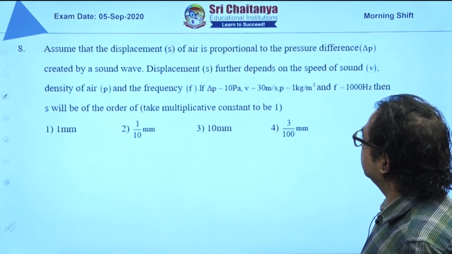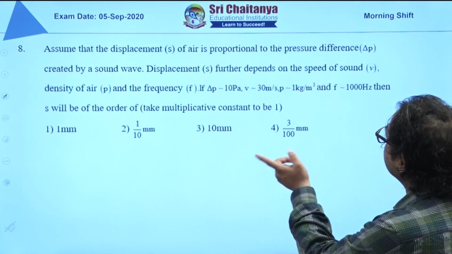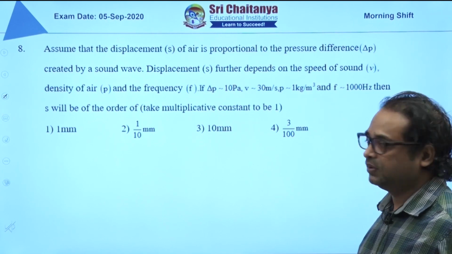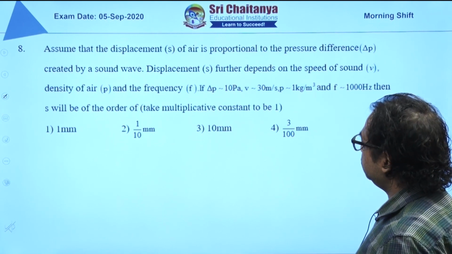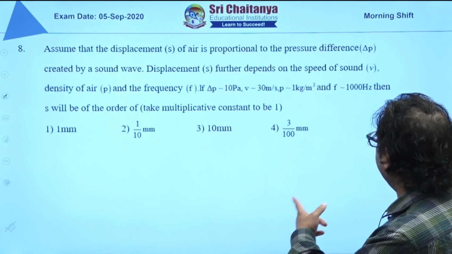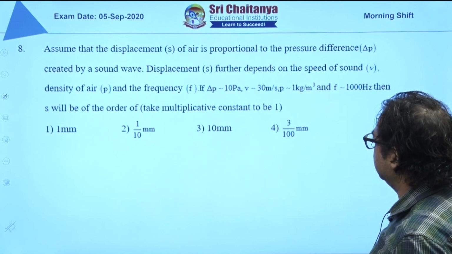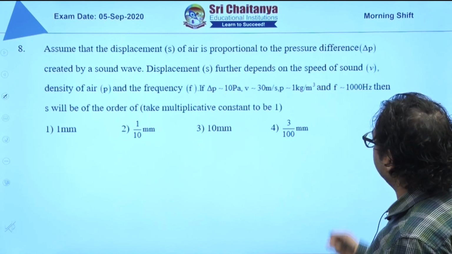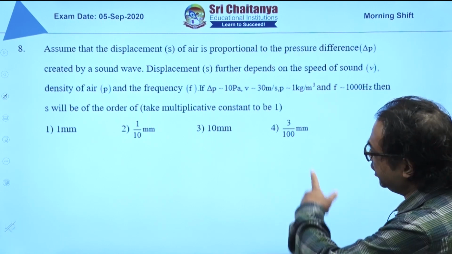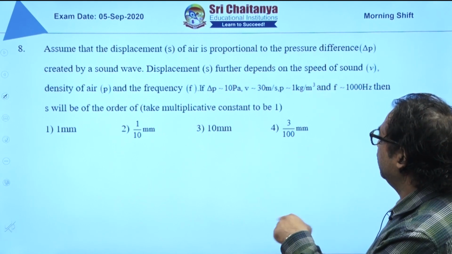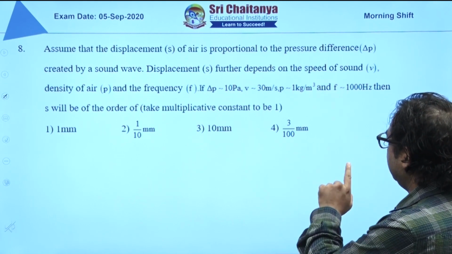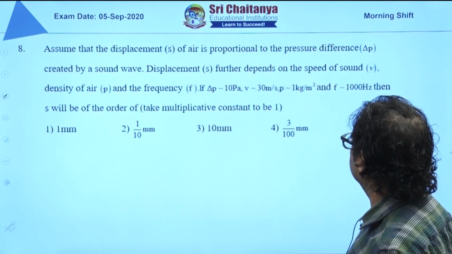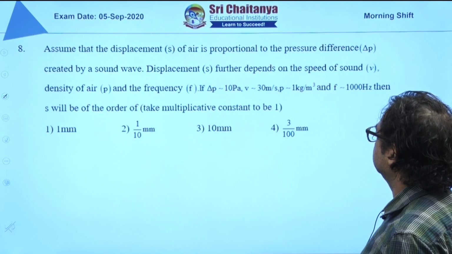So, it is, assume that displacement is proportional to pressure difference created by sound wave. So, it is asking for basically S, and this is your increase of the pressure. Displacement further depend upon speed of the sound. Also it depend upon the density of the air, frequency it is given, and the values are given.